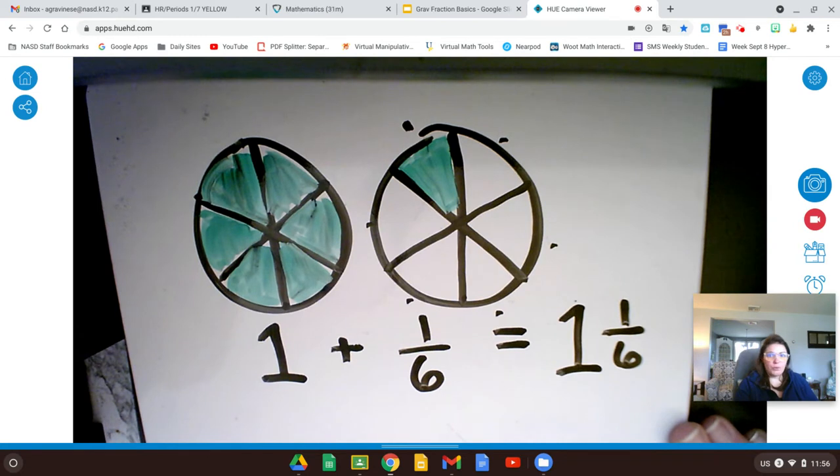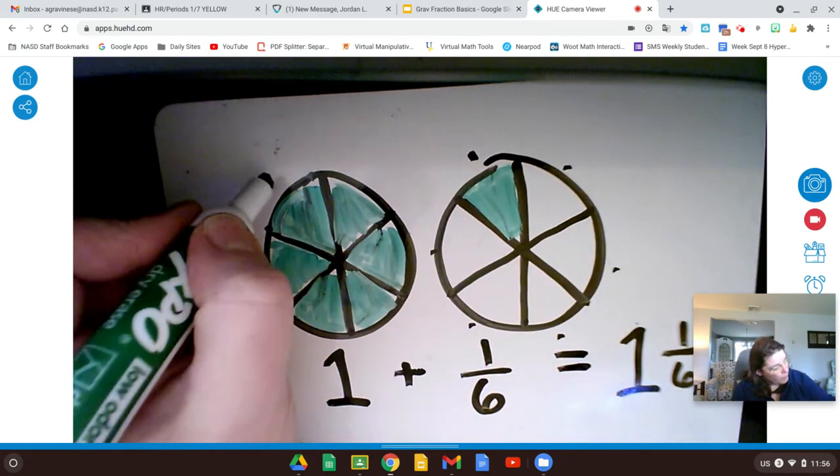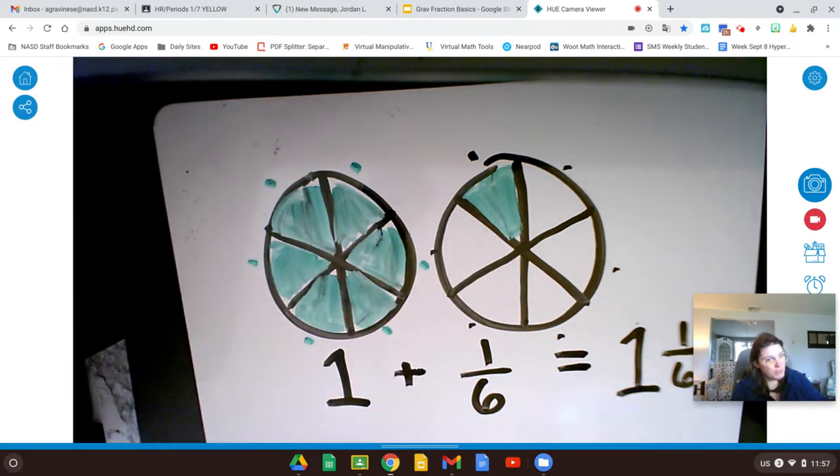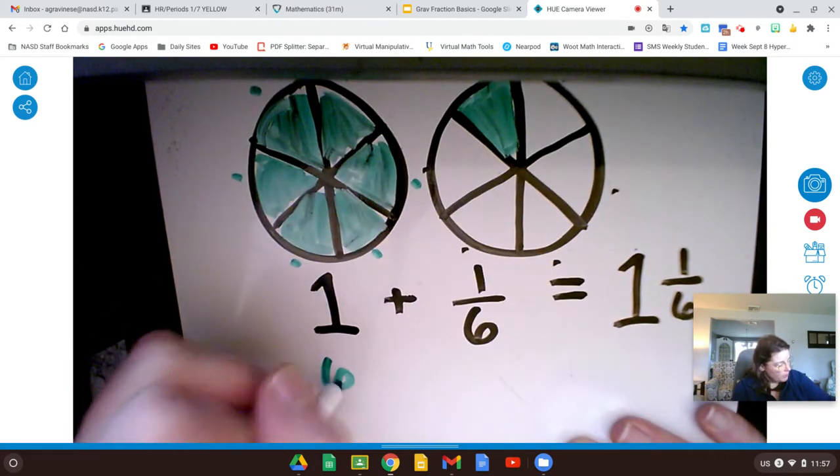Now I can also write that as an improper fraction. And to do that, I need to count up all of the pieces that are shaded from all of my models. So let's count all of the shaded pieces. Starting on this side, I have 1, 2, 3, 4, 5, 6 shaded pieces.